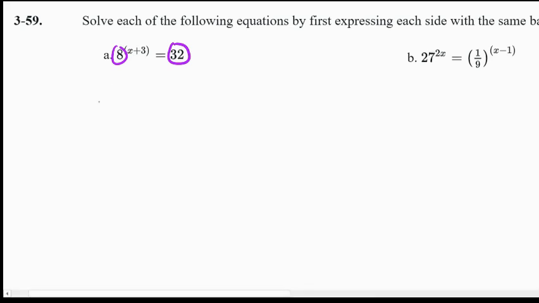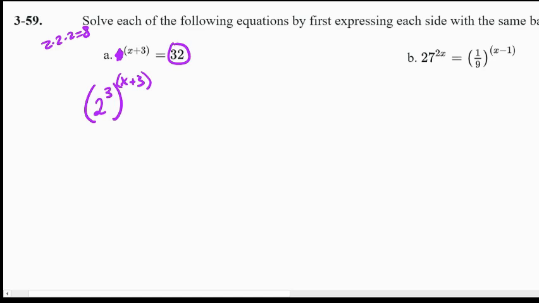For example, 8 I know is 2 to the power of 3 because 2 times 2 times 2 equals 8. So I'm literally just going to rewrite this problem as 2 to the power of 3, to the power of x plus 3, because I know 2 cubed is the same thing as 8. So all I did was replace 8 with 2 cubed.